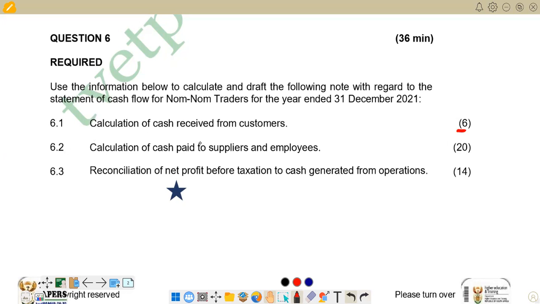So what we are going to do here is first put down the formula that we are going to use to calculate the cash received from customers. Then we put it in the answer section in the form of a table.